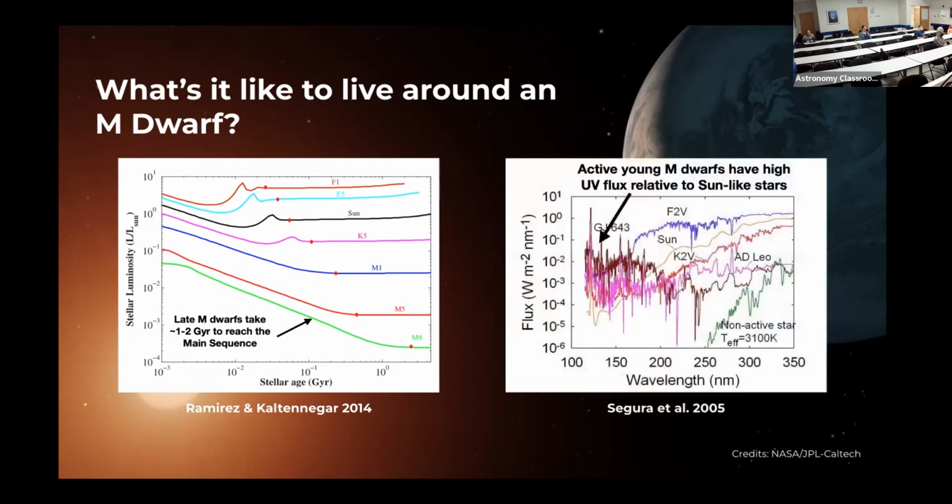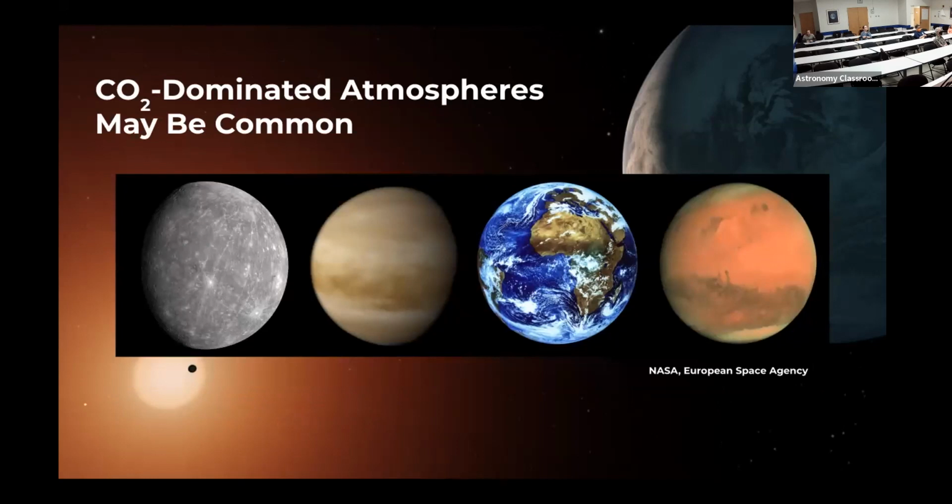This is a comparison between a very active young M dwarf and the sun, which is a lot older. During this time, we think it might be very inhospitable to rocky planets that are possibly in the habitable zone or closer to their host star. We're also thinking about this from the perspective of the solar system.